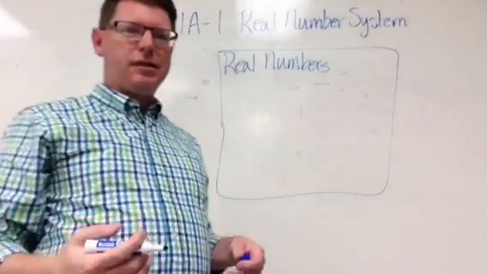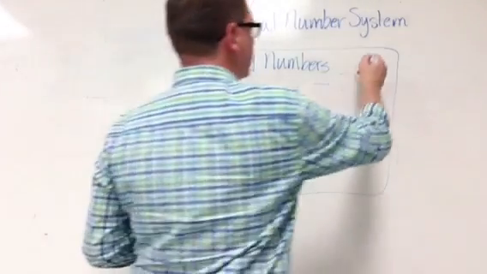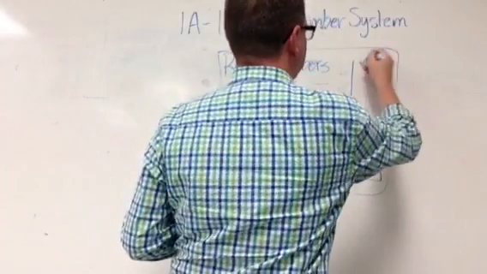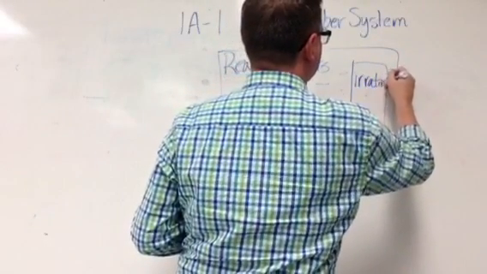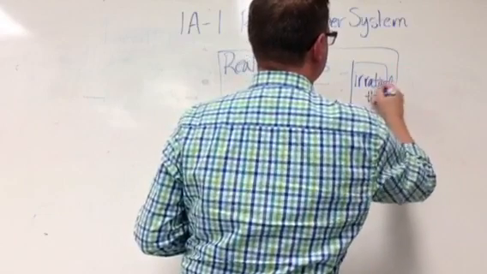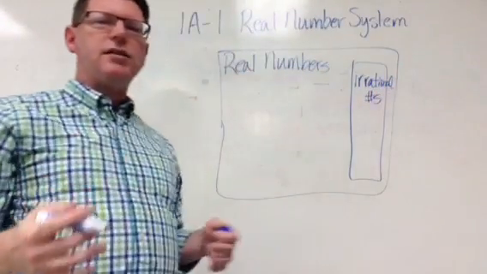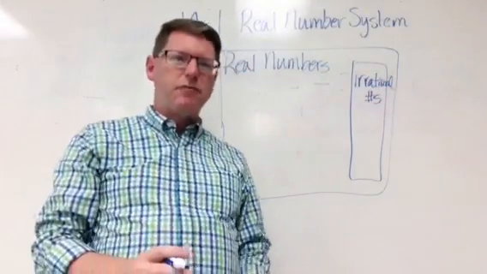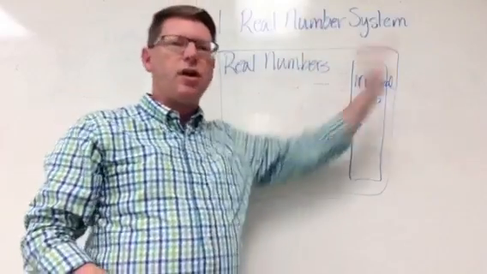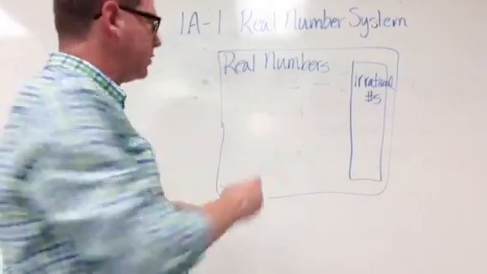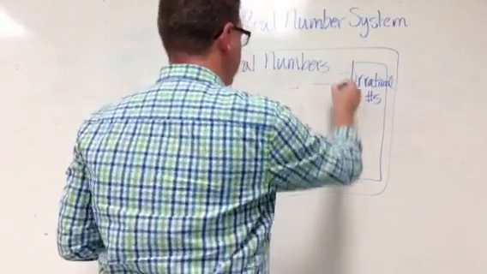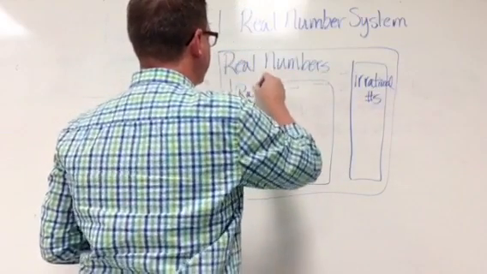Inside the real number system, there's this set of numbers over here on the side that are called irrational numbers. Okay? Those irrational numbers, they can't be written as a fraction. They're a part, but they're all by themselves over on the side. Okay? Inside the real numbers, we had that big group of numbers that we called rational numbers.